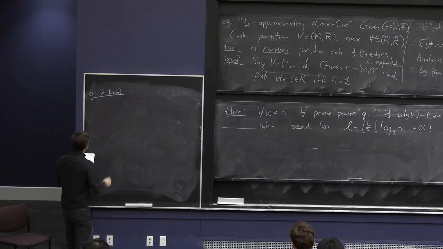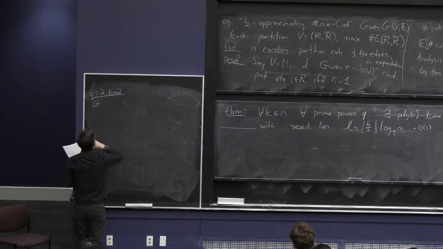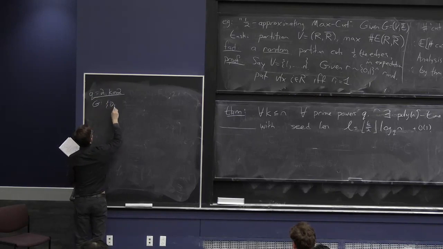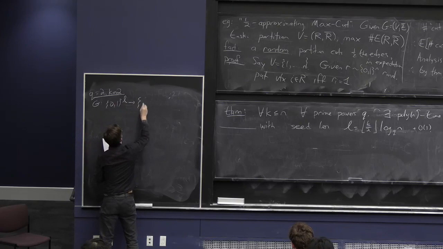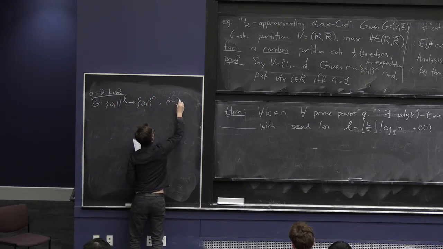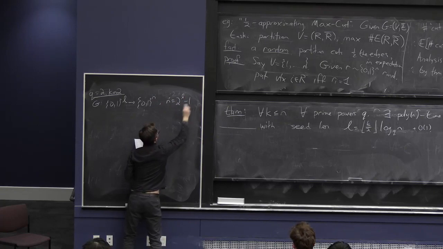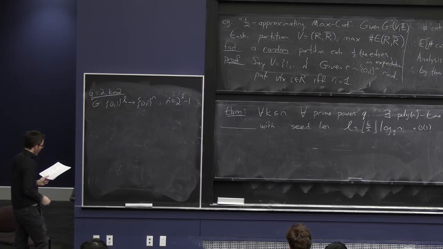Consider the following pseudorandom generator G, which maps L bits to n bits, where n is 2 to the L minus 1. So that's a great stretch. It's taking log n bits to n bits.